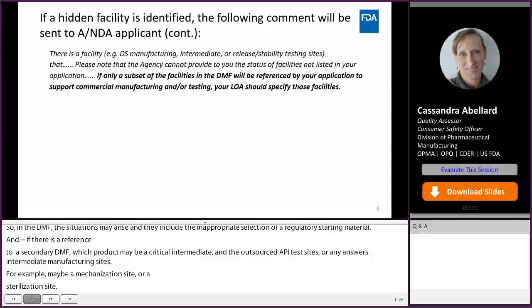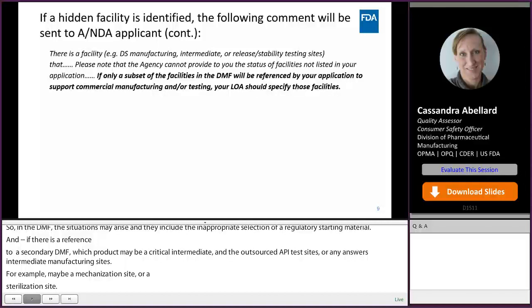So the second bolded sentence of the hidden facility comment that I wanted to discuss comes from this sentence, and the bolded part is what I wanted to go over. If only a subset of the facilities in the DMF will be referenced by your application to support commercial manufacturing and/or testing, your LOA should specify those facilities.